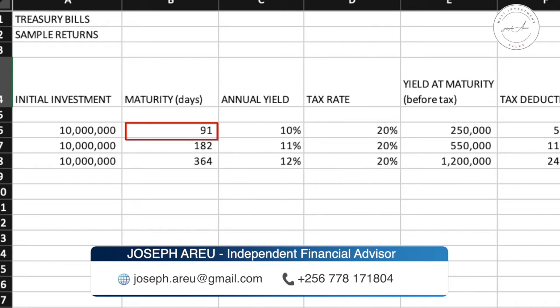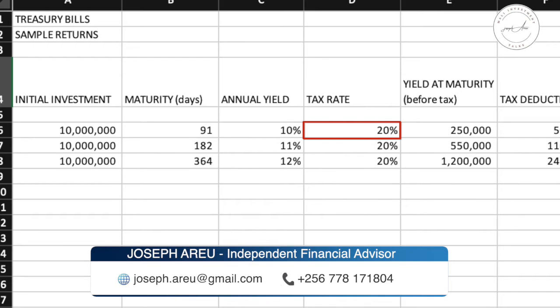Just for simplicity, let's say that you get a rate of 10% per annum. You need to know that the income on treasury bills is taxed at a rate of 20% at the moment. 20% of the income, not the investment.